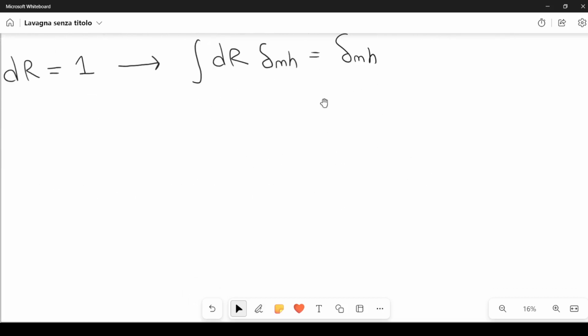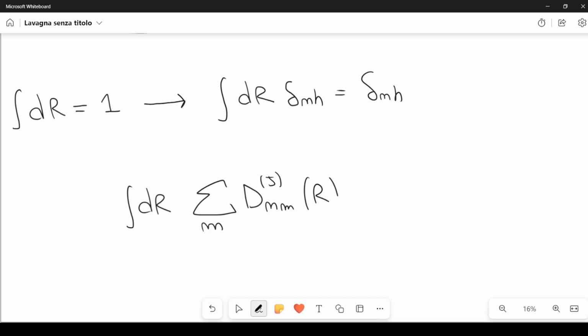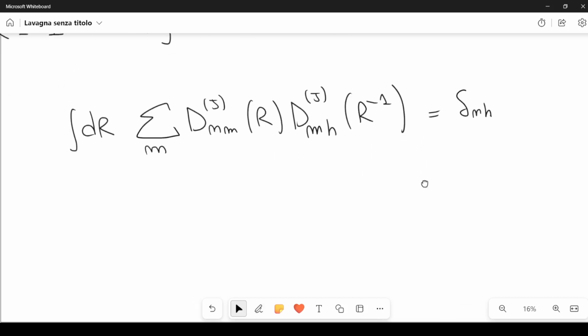But now I can also represent the Kronecker delta in a different fashion here inside the integral. In particular, we have the integral over dr. Then I'm going to sum over m, and then I have d j n m of r, and then I have d j m h of r inverse, and this must be equal to delta n h. So here I have basically performed a trick.